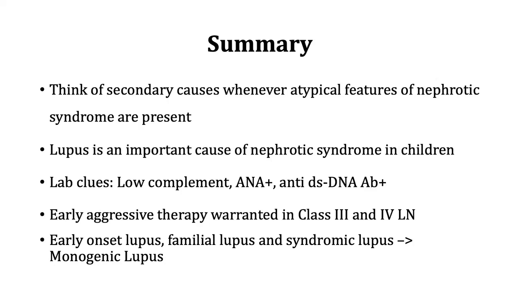So actually, if there is persistent nephrotic range proteinuria, there is enough data to suggest that addition of a CNI would be beneficial, because they are more efficacious in controlling severe nephrotic range proteinuria.